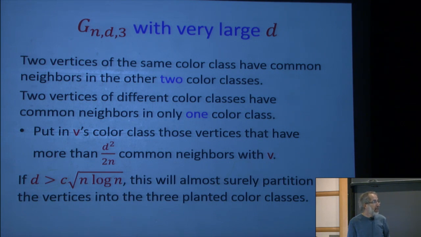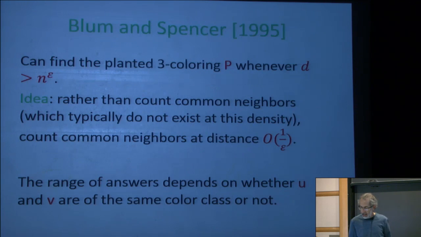And when d is significantly larger than square root n, this recovers the planted coloring. This is a very simple algorithm, I think observed by Kucera. This was later strengthened by Blum and Spencer, who could extend it to the case that the average degree is n to the epsilon for any epsilon.